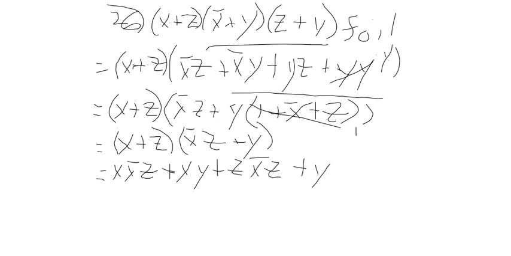So we can reduce this a little bit further. X and x naught gives me a 0 for that term. And z and z gives me just a z, so that'll be xz there.